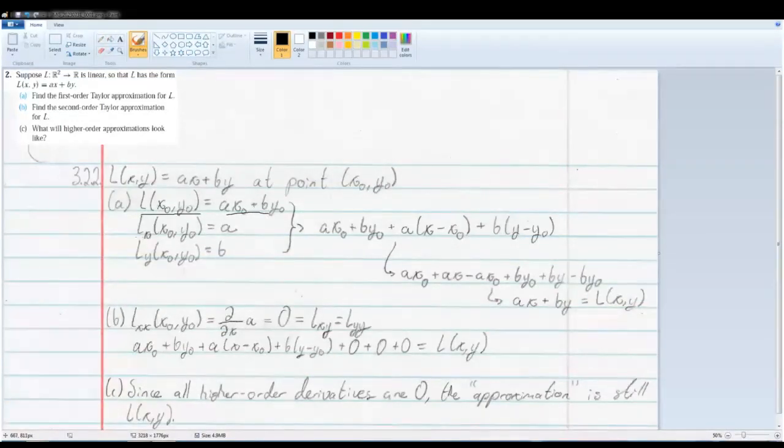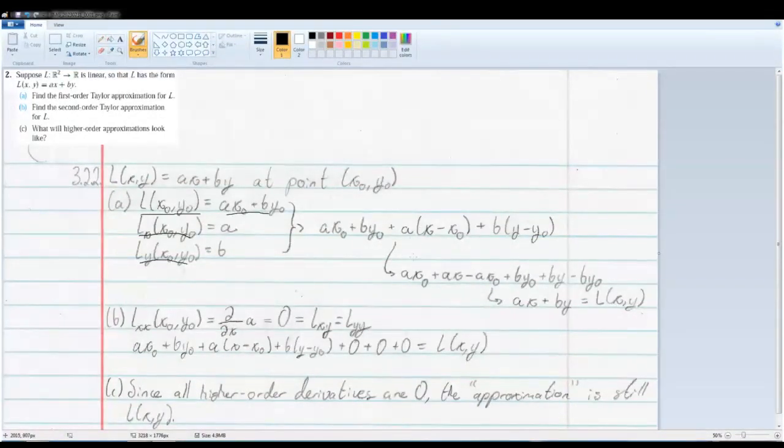And then you take the derivative with respect to x, and you also take the derivative with respect to y, and you plug that point in for both of them. However, in this case, because we have ax plus by, the partial derivative with respect to x is just a, and the partial derivative with respect to y is just b, which are both constants.